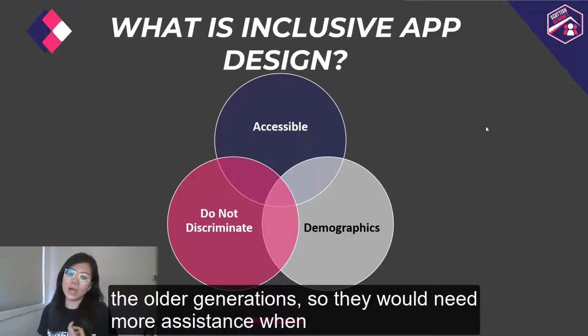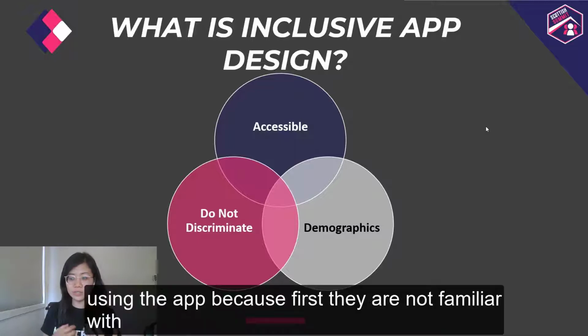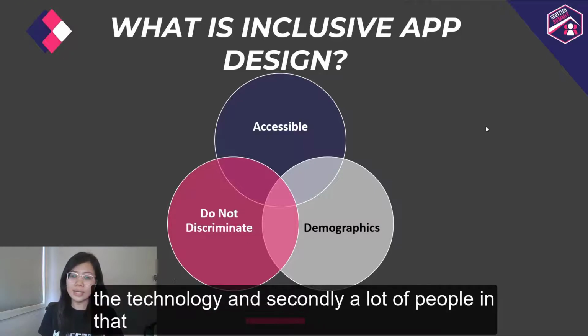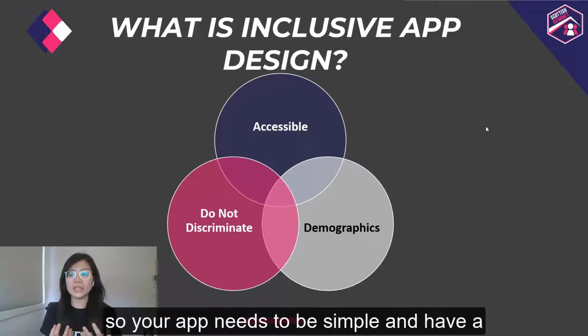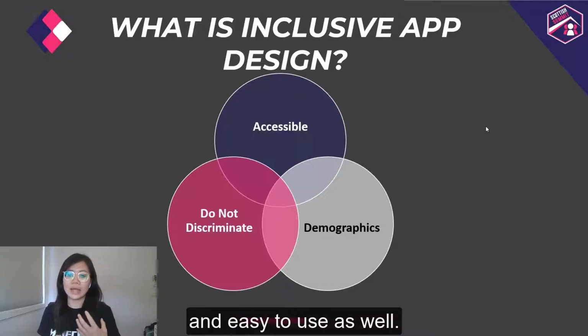They would need more assistance when using the app because, first, they are not familiar with the technology, and secondly, a lot of people in that category have eyesight or hearing issues already. So your app needs to be simple, have large text, and be easy to use as well.